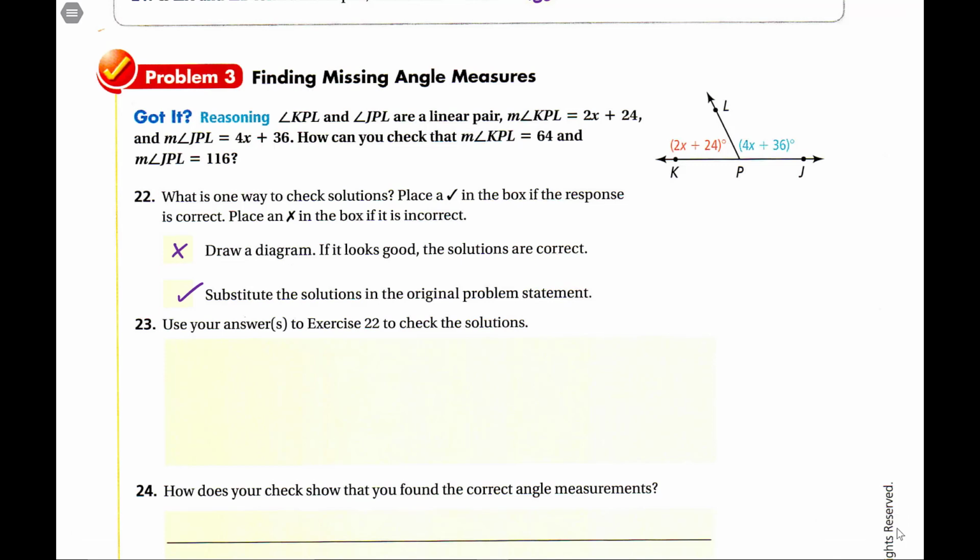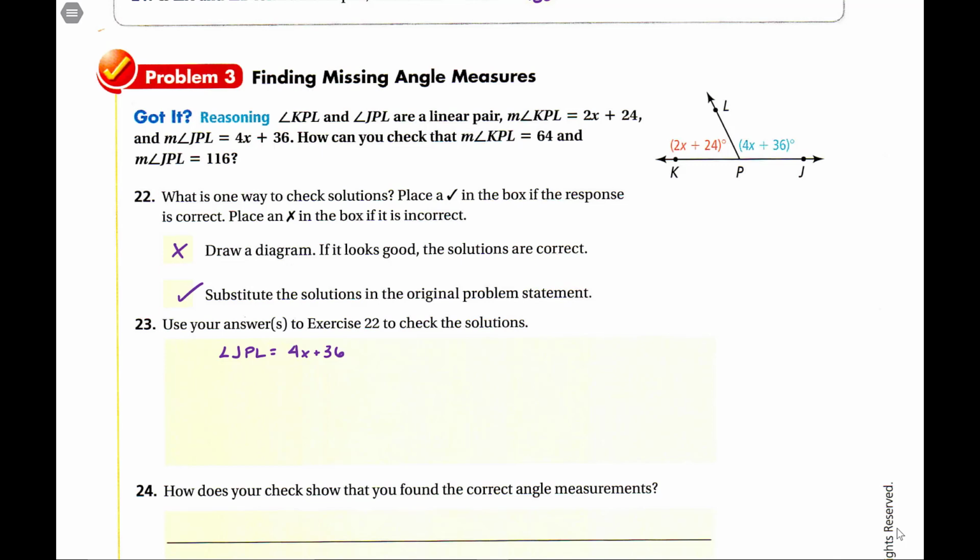we are given that, and there's actually a couple of different ways that we can go about doing this. The first method that we could do is we could say that angle JPL is equal to 4x plus 36, and it is given to us that JPL, or we're testing that JPL is 116 degrees.